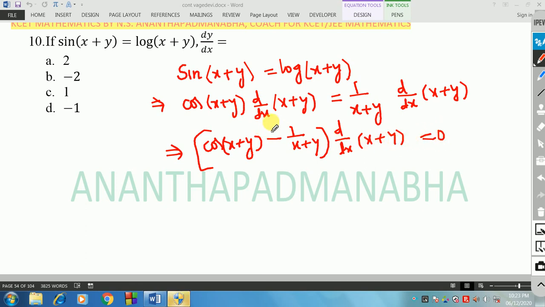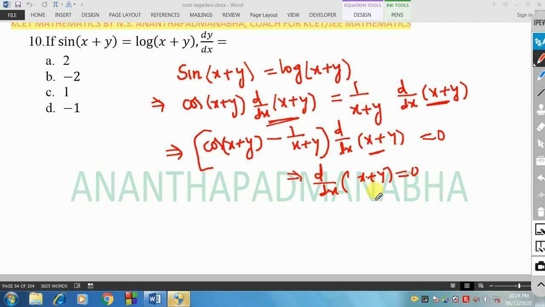We are taking d by dx of x plus y common after taking the right hand side to the left hand side. As required is dy by dx, we can take this d by dx of x plus y is equal to 0. We need dy by dx.